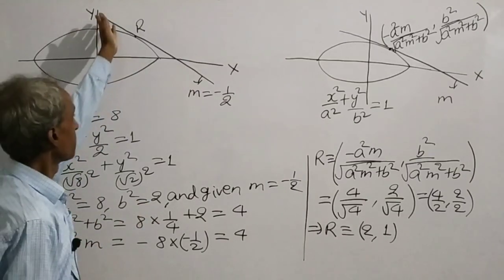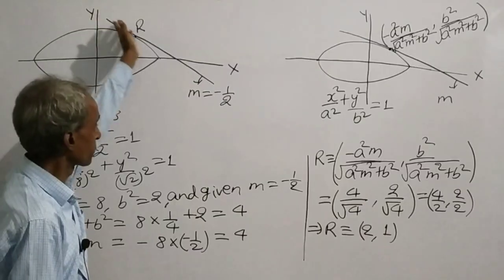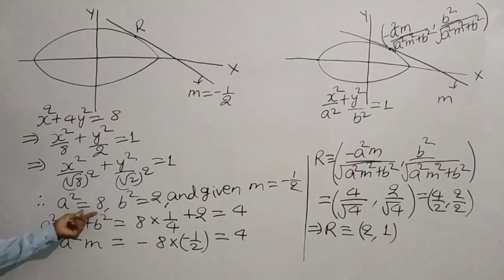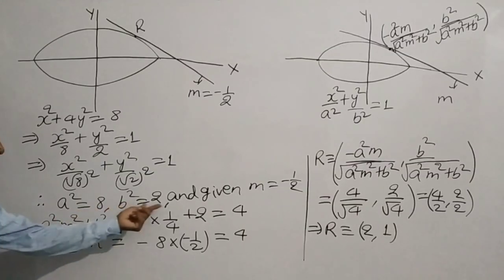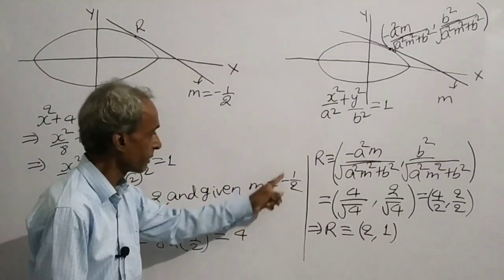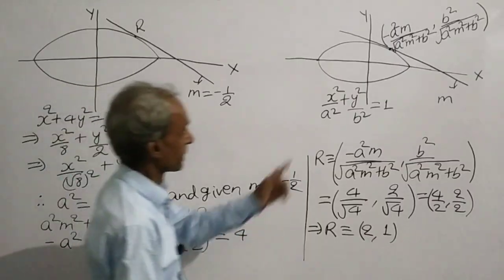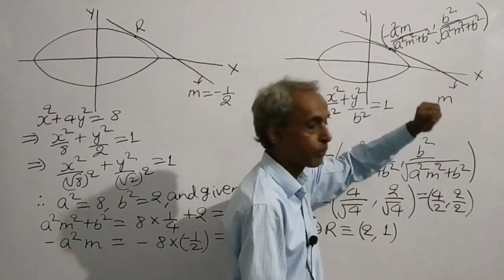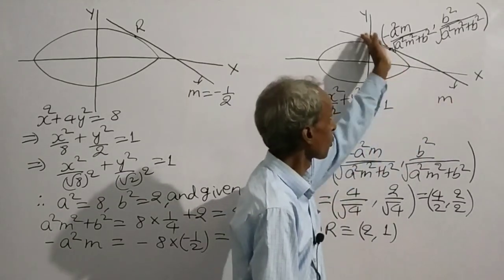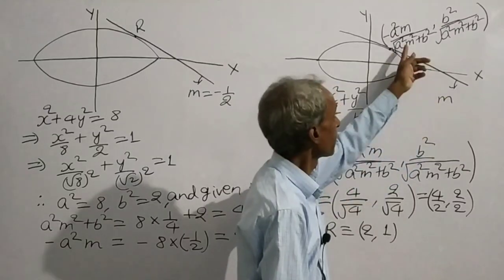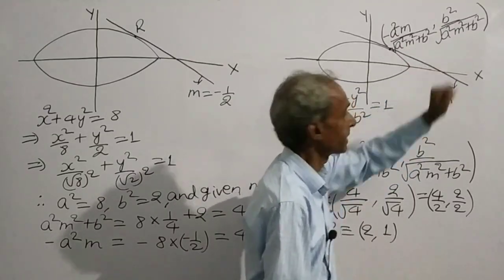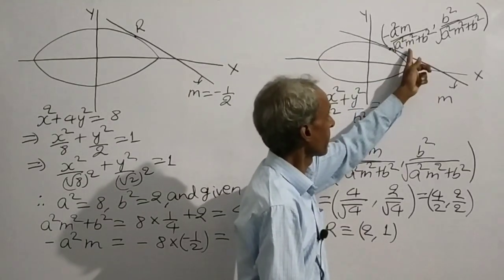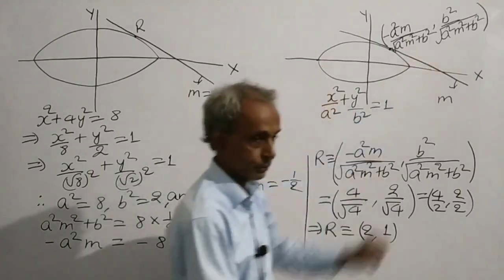Since it is given in the question that slope of the tangent is minus 1 by 2. Now a square is 8, b square is 2, m is equal to minus 1 by 2. This is formula for point of contact in slope form. Here m is slope of tangent, then coordinate of point of contact is this. In the denominator is root under a square m square plus b square.